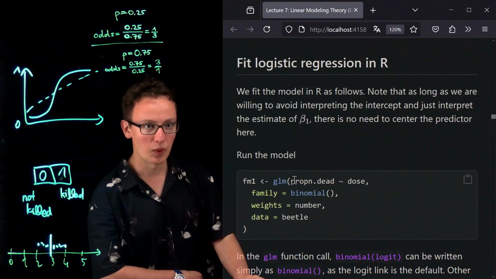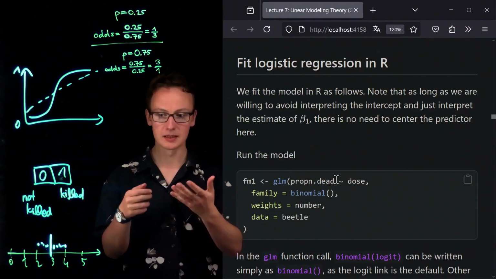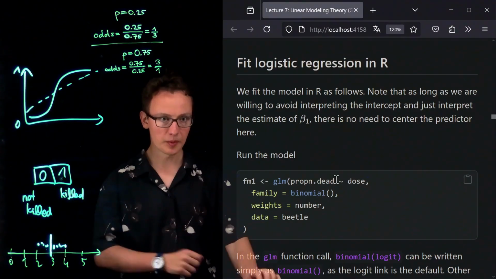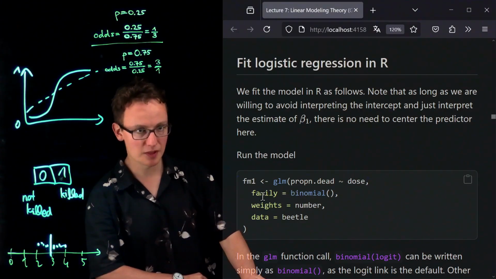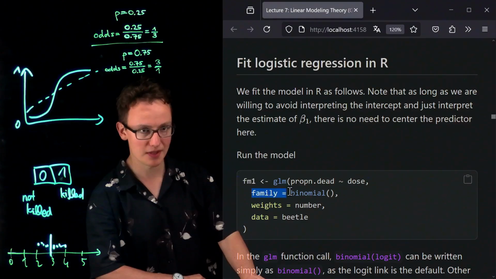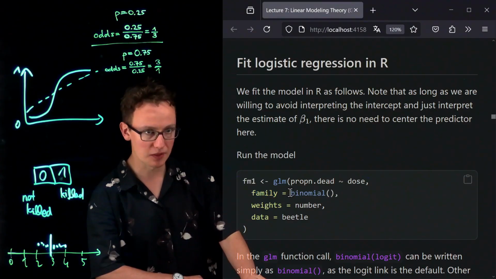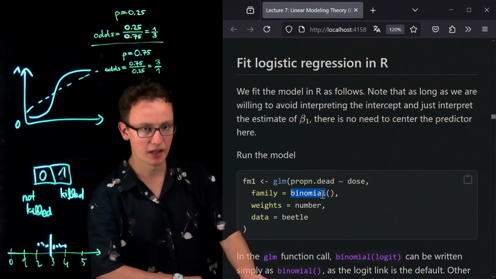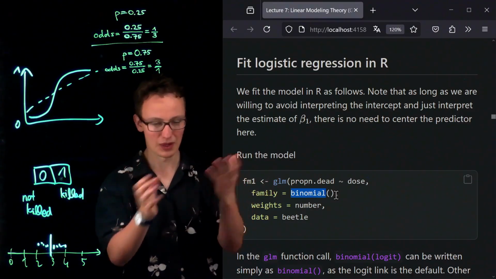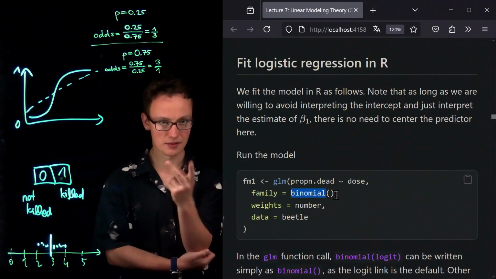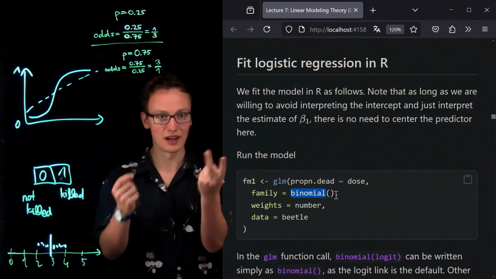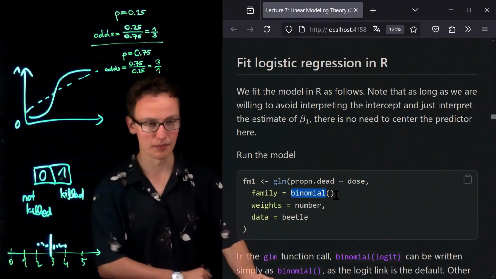And we will now give it the proportions of dead beetles as the dependent variable, okay? And those will be our predictor. But now, importantly, we'll have to specify a couple of things. So we'll have to say family equals binomial. That is the specification we have to make for a logistic regression, because binomial means we have an outcome variable that's categorical with two values, right? So 0 or 1, that's a binomial variable.